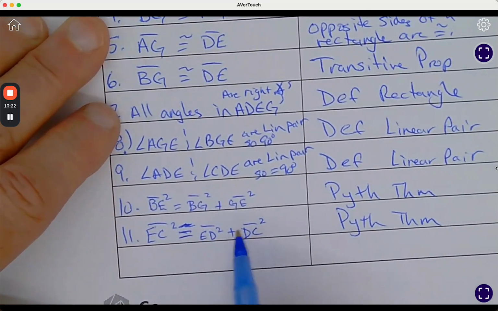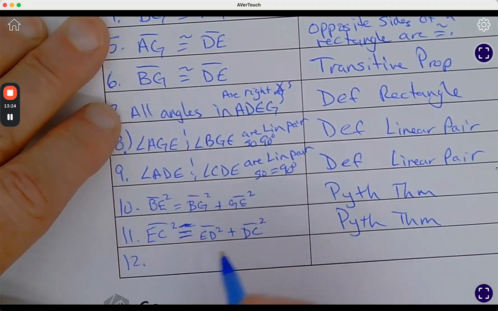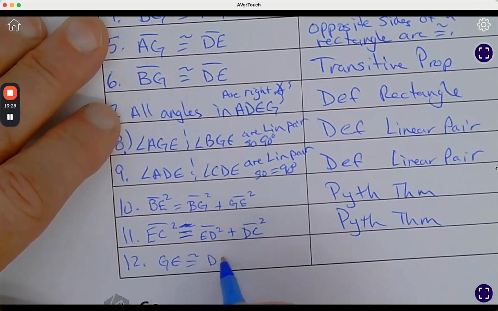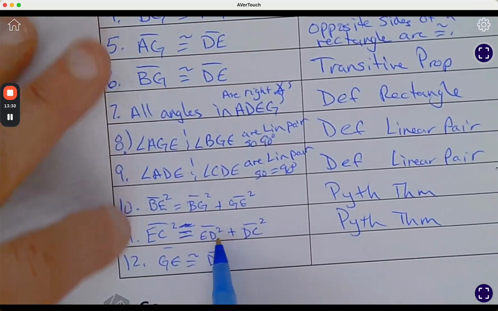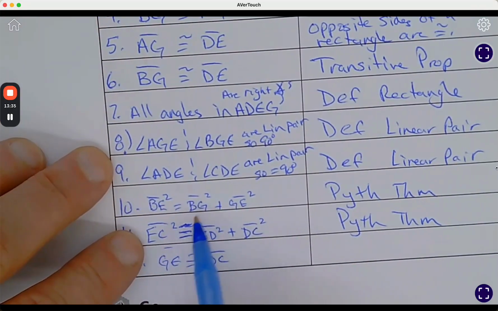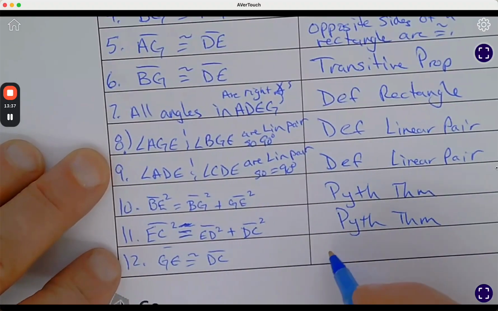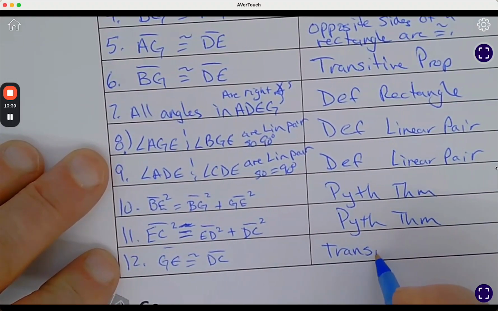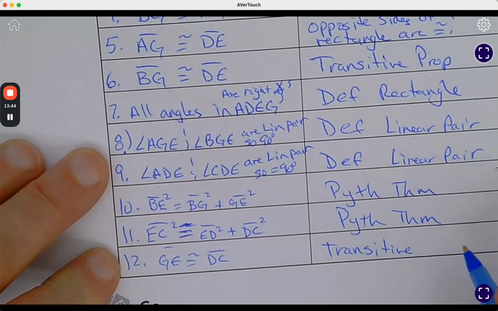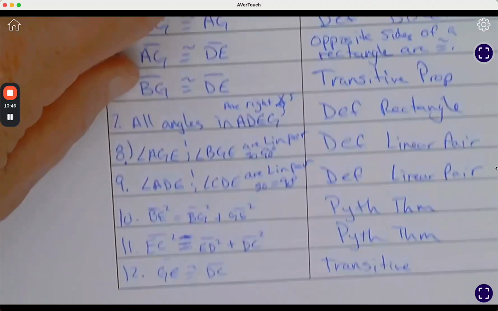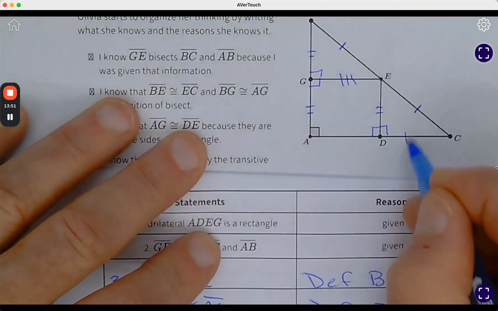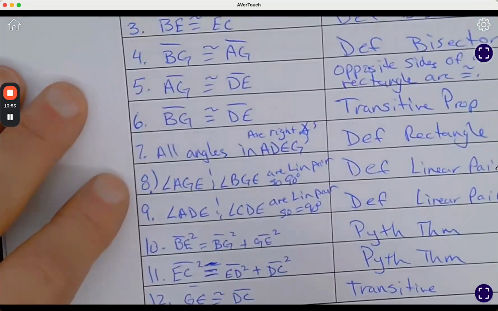So by this right here, GE must be congruent to DC because they both equal BE squared minus BG squared. So this is congruent to that, this is congruent to that. So that's by transitive. Okay, so then I know that this is congruent to that. Okay, now we got it.